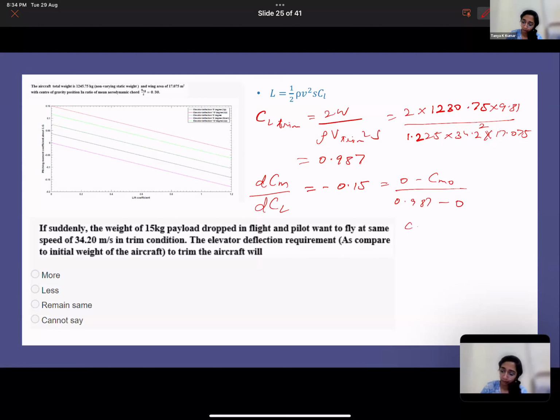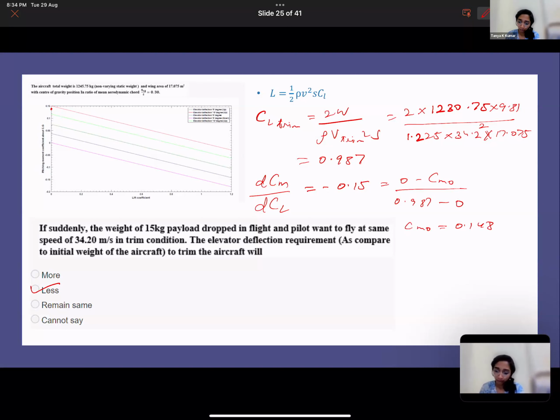So the CM naught I get here is 0.148, which is less than the previous case, where we got 0.15. So CM naught has decreased. What it also means is that your elevator deflection will reduce. So the final answer is less as compared to the previous case.